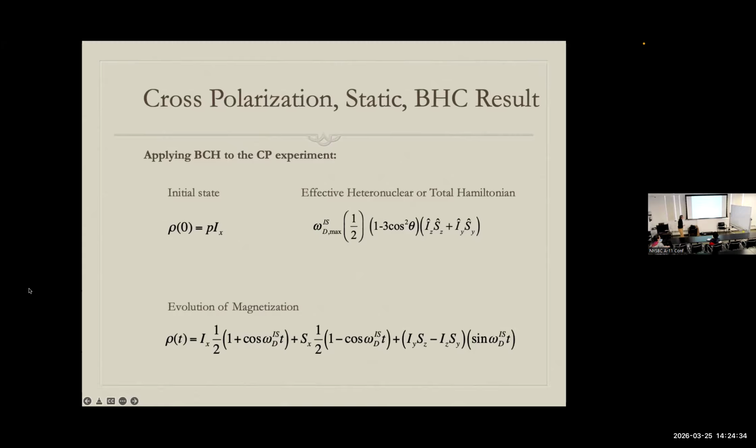It turns out this is the second type, where if I do the double commutator, I do not return this, but if I do the triple commutator, I return the single commutator. So then I can use this expression. That is a very good description of the early time behavior of a Hartmann-Hahn cross-polarization experiment.